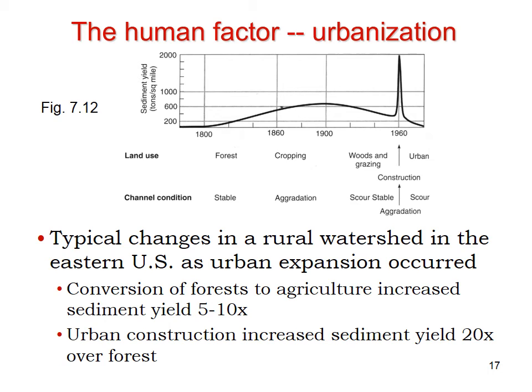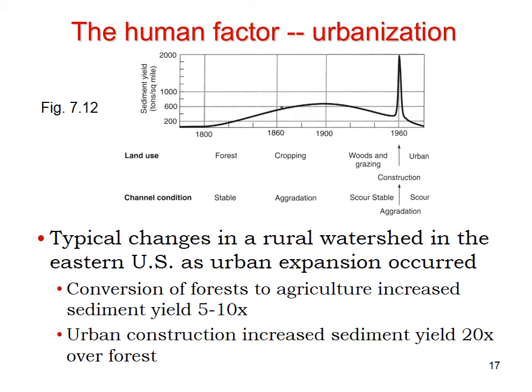This is a figure that's basically the same as figure 7.12 in your textbook. In this case, we're looking at sediment yield, again, tons per square mile, could be tons per square kilometer, on the vertical axis. And on the horizontal axis, we're looking at time starting in the 1800s and moving to the right. And we're looking at an area in the eastern U.S. in the mid-Atlantic states.